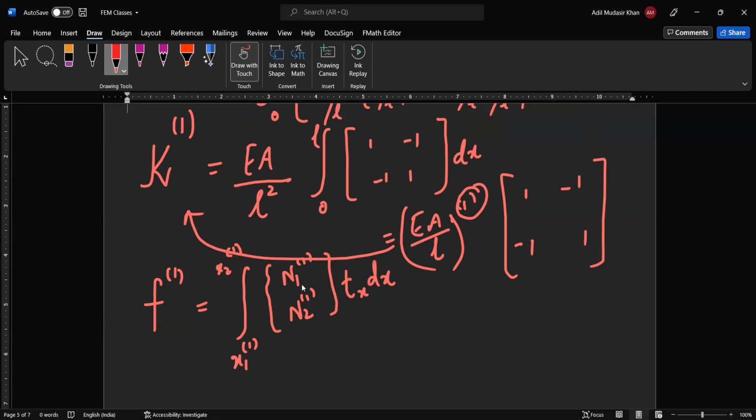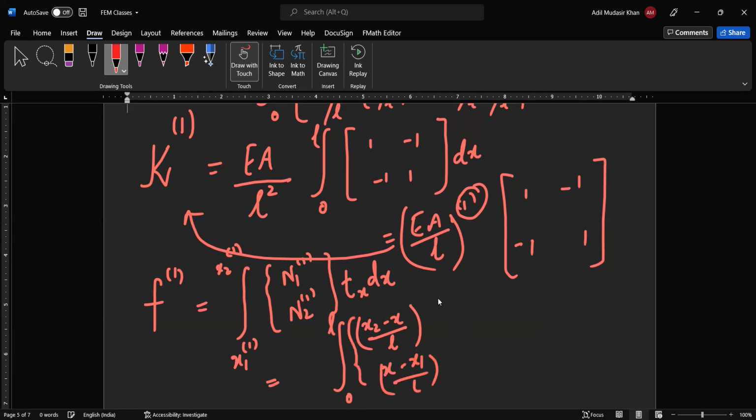So what is N1 equal to? If we substitute the value of N1, since our x1 is 0, x2 is L, N1 is equal to x2 minus x divided by L, and N2 is equal to x minus x1 divided by L.